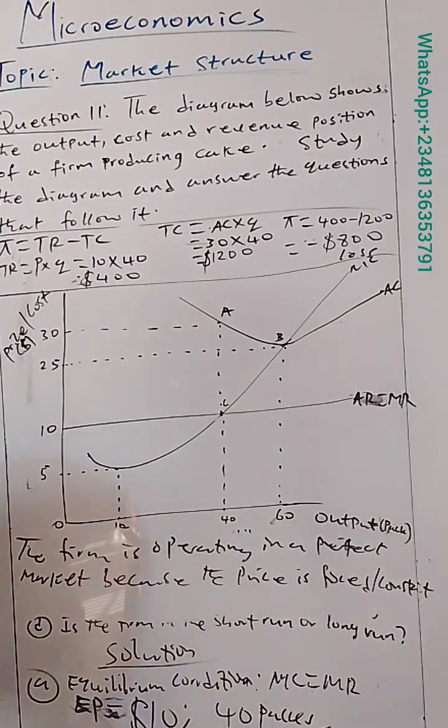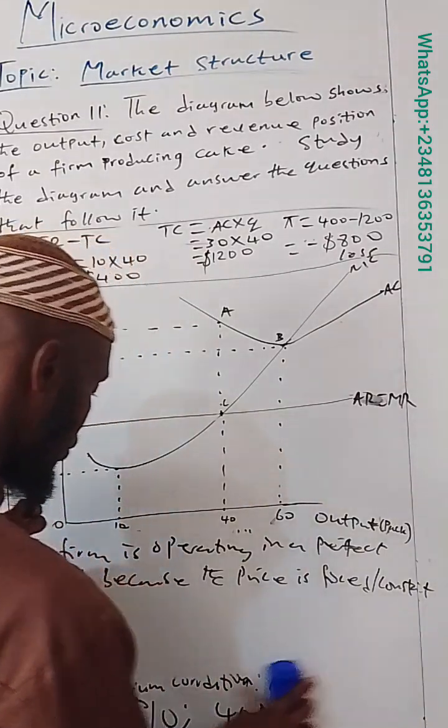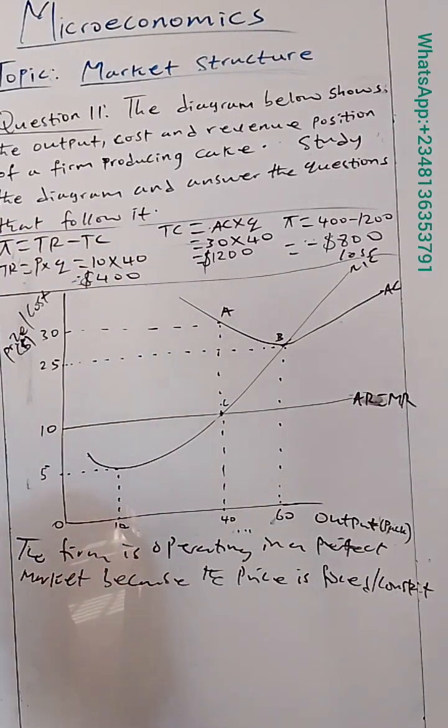So the last question says, is the firm in the short run or long run? How will I know? If you have watched my previous video, I said the firm can make only normal profit in the long run. Other outcomes like supernormal profit and loss are not possible in the long run.